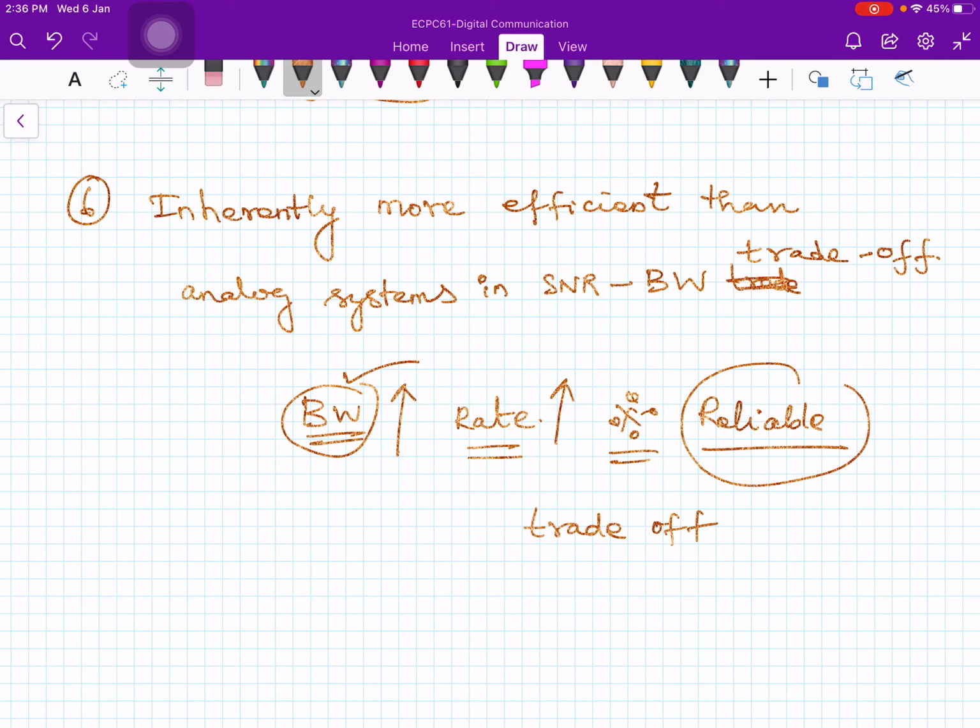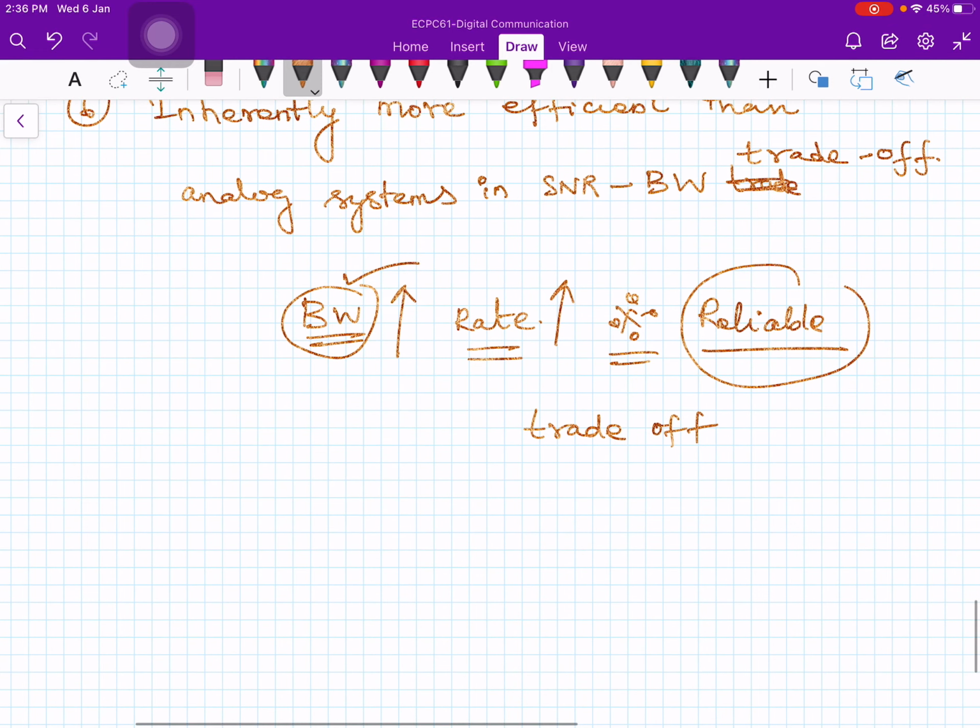You can do this kind of trade-off also in analog communication. For example, you are familiar with the AM and FM situation. In analog communication, FM has superior performance with respect to noise as compared to AM.